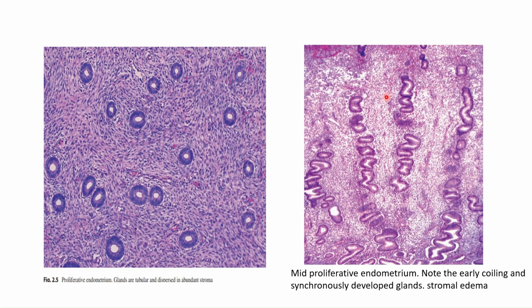In mid-proliferative phase, we have discussed edema is present in stroma. Spiral arterioles are not that thick, which we can see in secretory phase, and most important is glandular coiling. So, glands are in the form of coil and stromal edema, and they are placed parallel to each other.